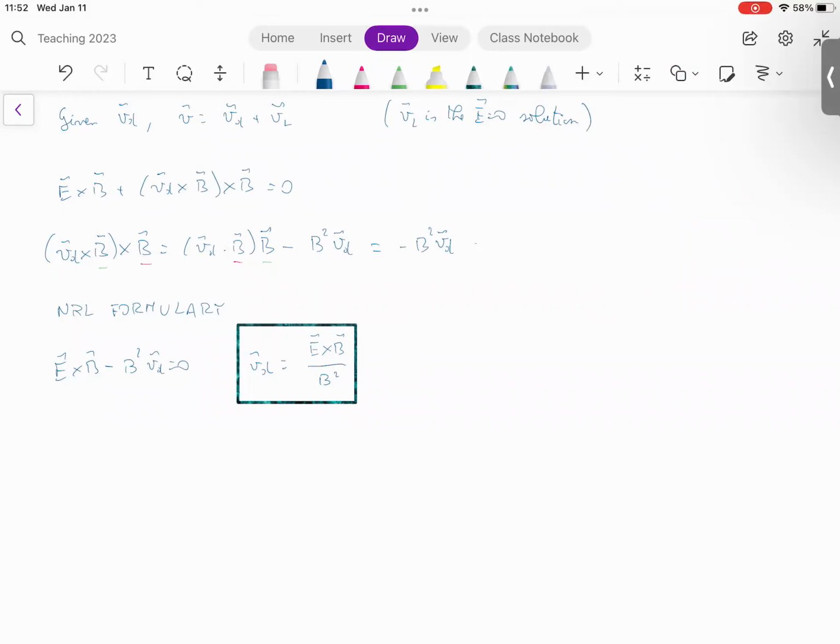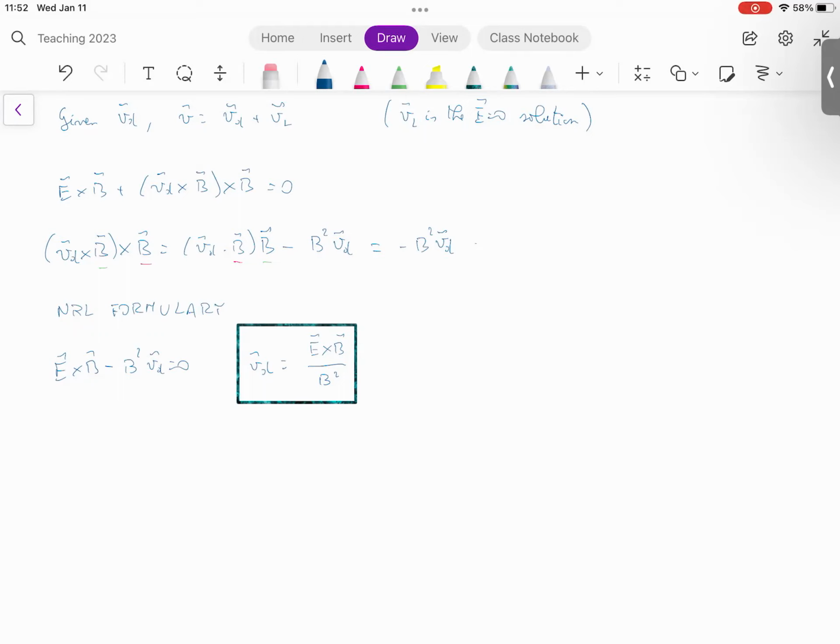The reason why I say that is that this velocity does not depend on the charge of the particle. That is, it's true for both ions and electrons, and it's actually true for a single charged electron and an ion with more than one positive charge, but also does not depend on the mass of the particle.